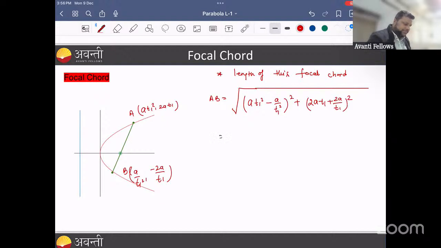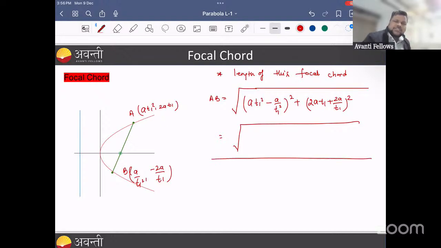Am I correct? This is the length. Now see, if I calculate length this way, it is going to be very lengthy and not at all recommended in any conic cases. Now see, this is S.